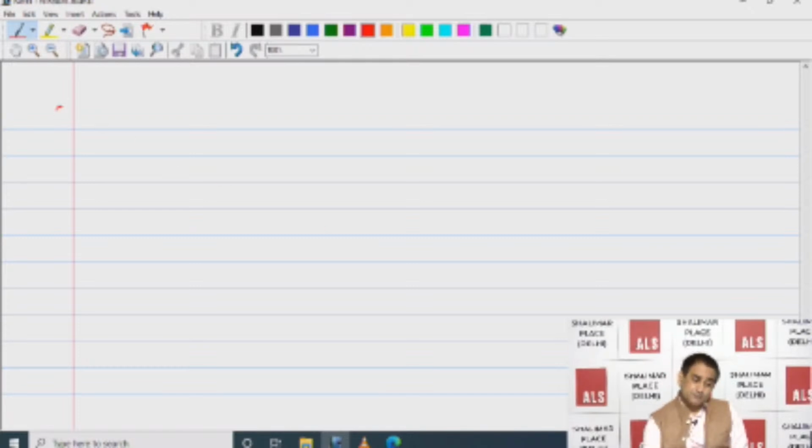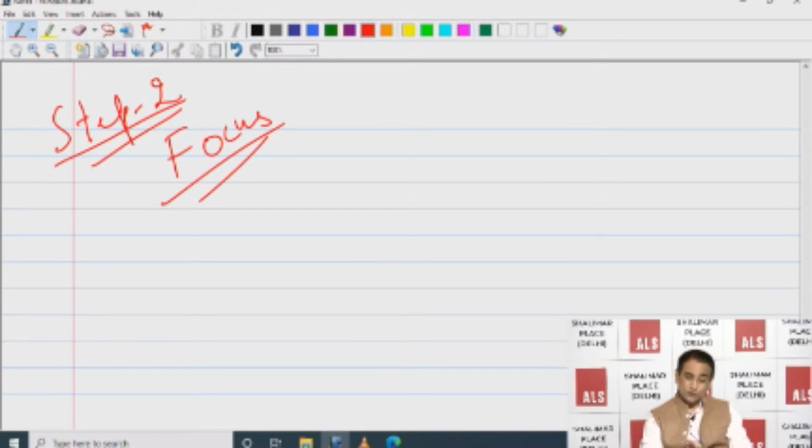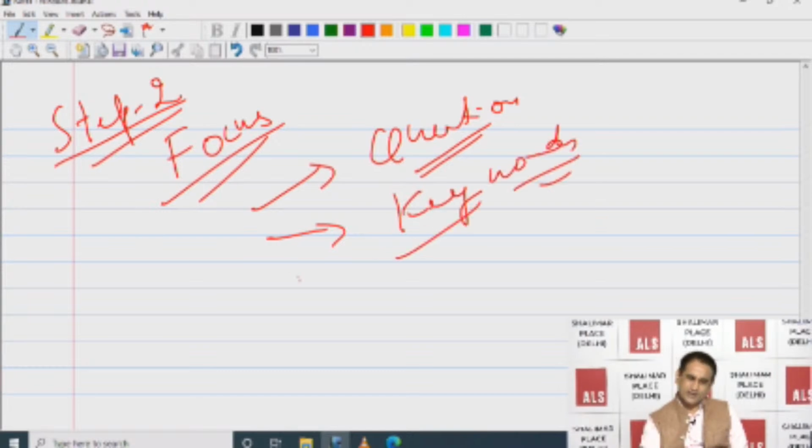Then step 2 for this preparation would be right focus. What is the right focus? After going through all those NCERT readings, what should be your focus? Now, you can see questions asked in UPSC. You can see the syllabus, the keywords mentioned in the syllabus very properly.